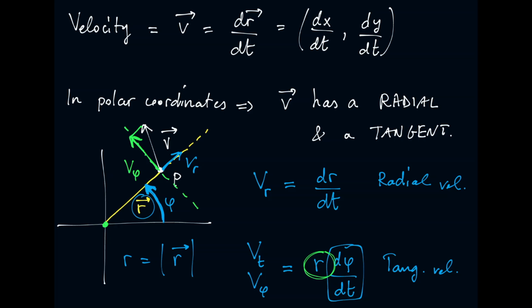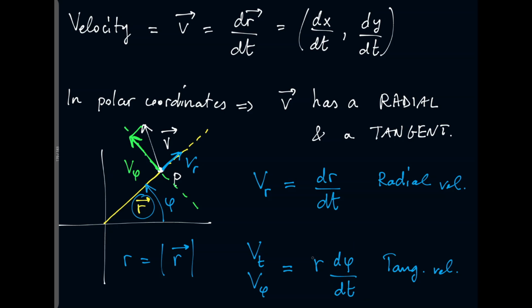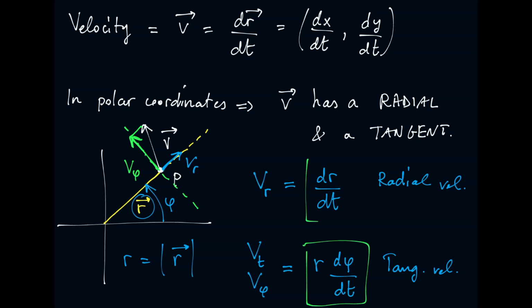So I hope you're not too shocked that this is the case, and I hope you start familiarizing with these two expressions. The time derivative of the distance r from the center is the radial velocity, and r, the current distance, times how quickly the angle is changing is the tangential velocity.